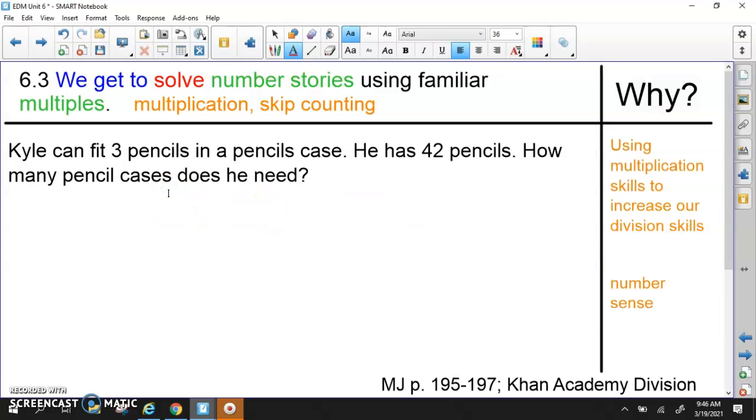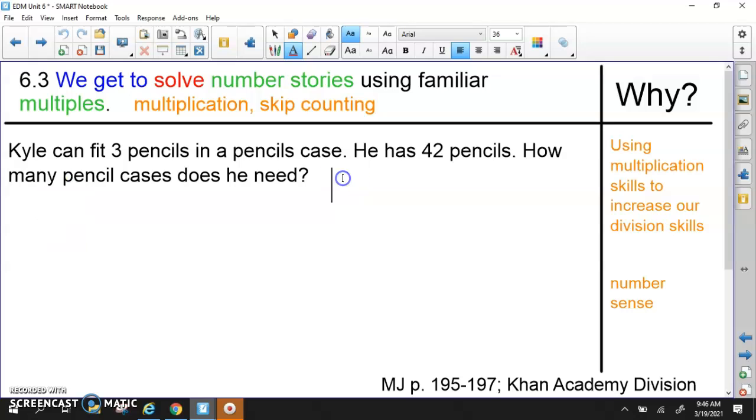So here's how this looks. It really basically helps you skip count with this, right? So when it says Kyle can fit 3 pencils in a pencil case. He has 42 pencils. How many pencil cases does he need? So it's this idea of he's putting 3 pencils in a pencil case, and that's one.